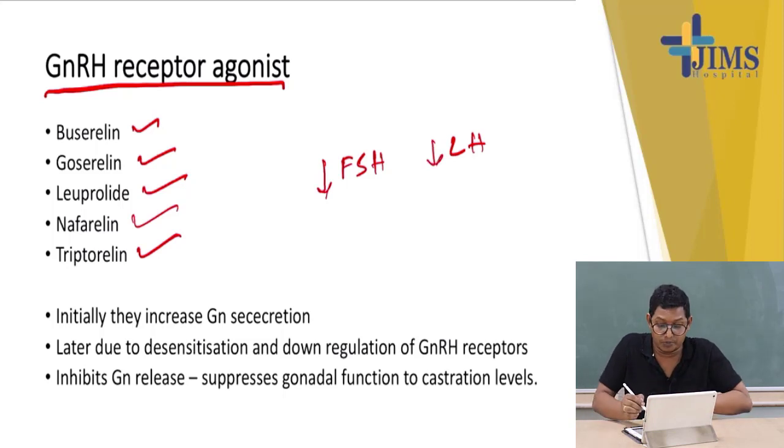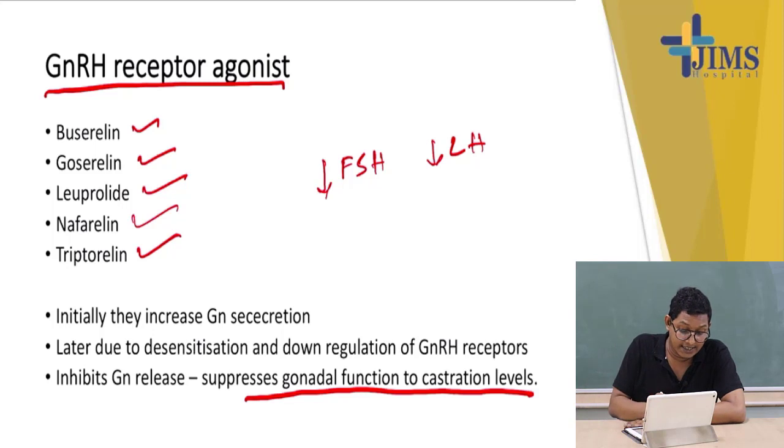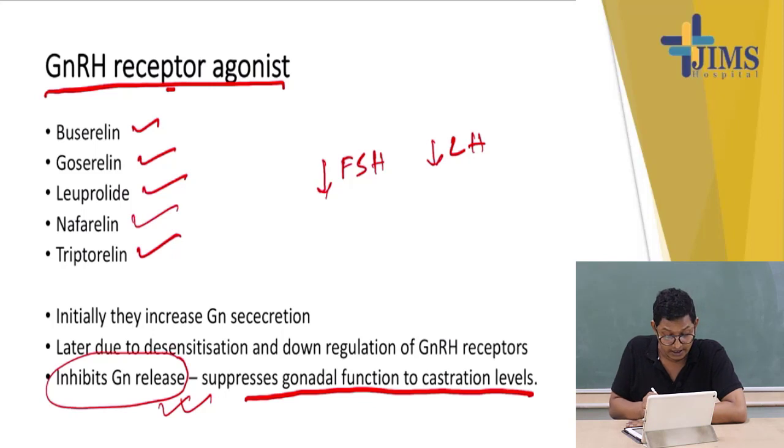Now this suppresses the gonadal function to a castration level. So therefore GnRH receptor agonist inhibits gonadotropin release. Now this must be kept in mind.